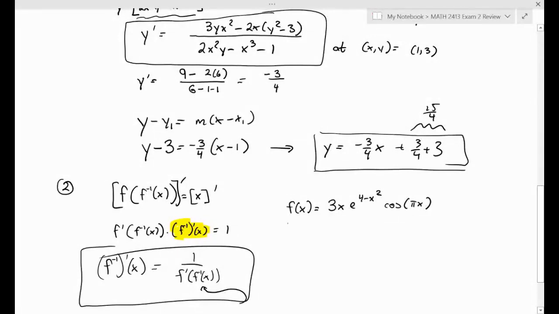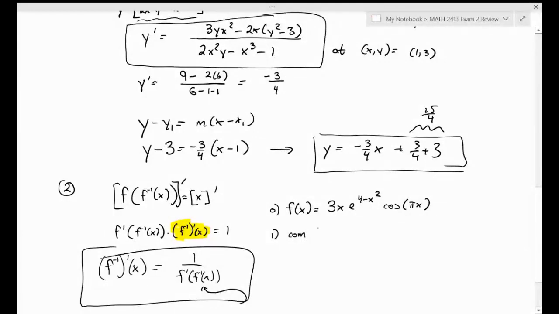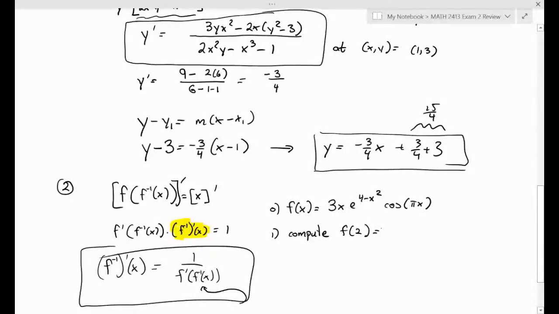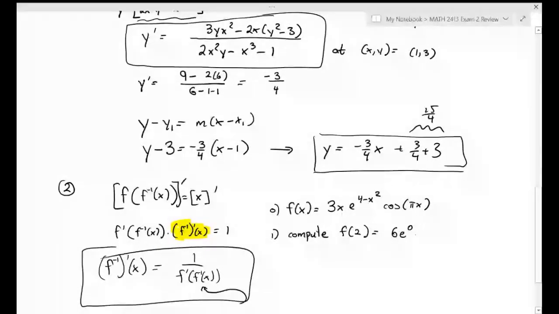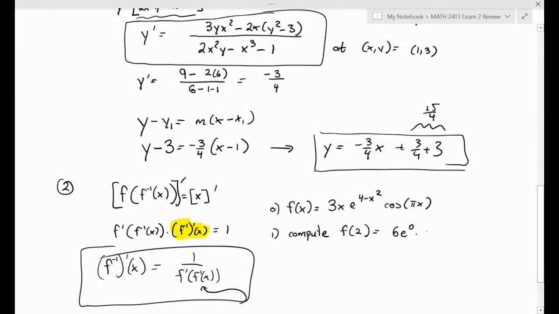Number 1, let's compute f of 2 for a good reason. What is f of 2? Cosine of 2 pi is 1, right? So f of 2 is 6.